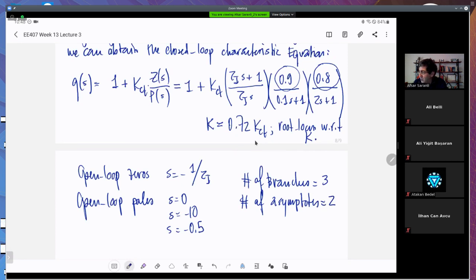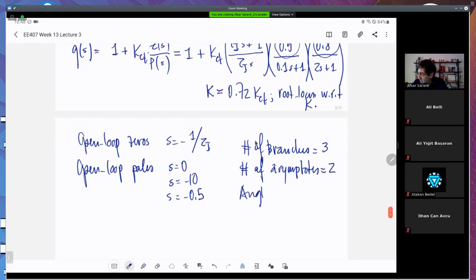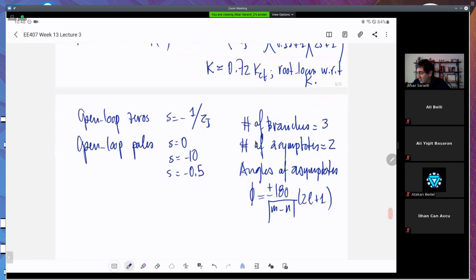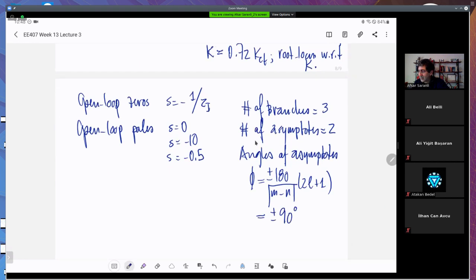So what are the angles of the asymptotes? We know that the angle is plus minus 180 over m minus n, the difference of the number of poles and zeros, and an odd number of them. So this is going to give us, as usual, plus minus 90 degrees as the unique angles. Okay, so we have one asymptote going up and one going down.